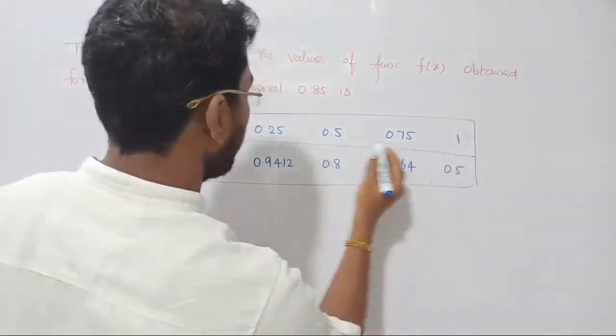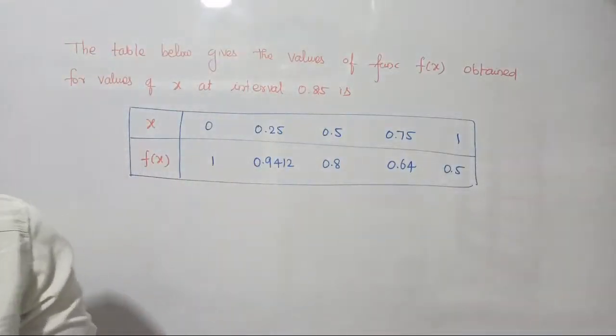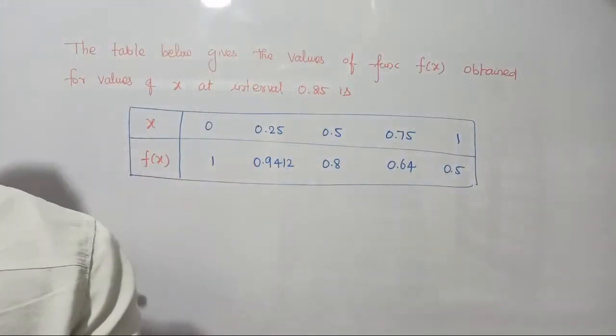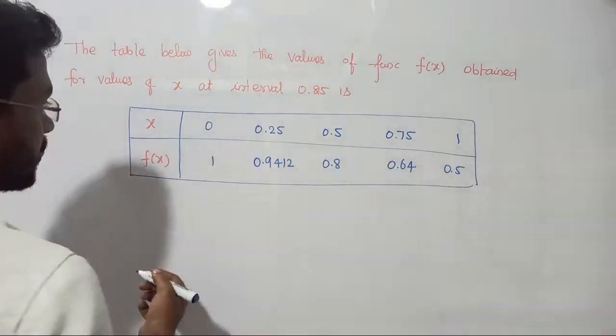Now what we need to do, the question is, right? The question is the value of the integral of the function between the limits 0 to 1 using the Simpson rule, right?